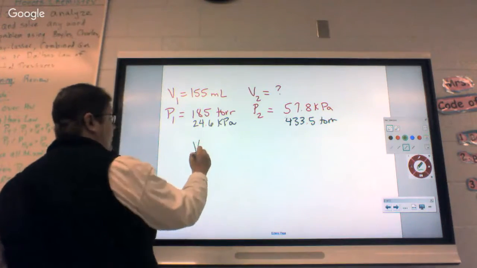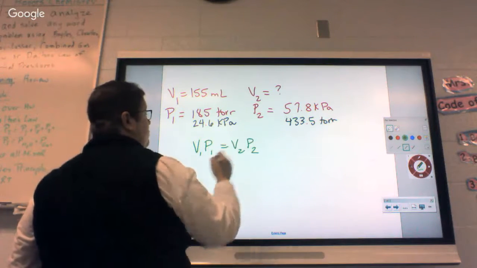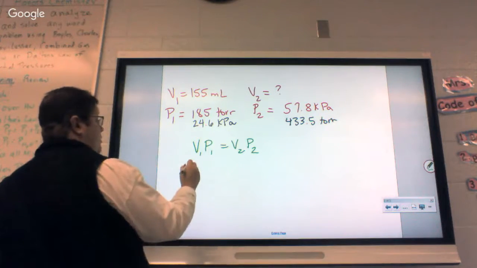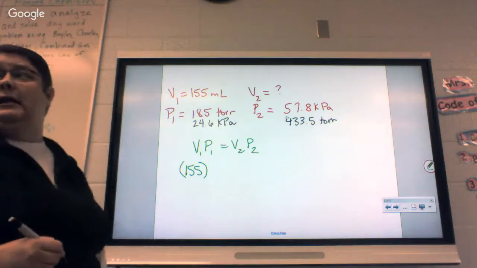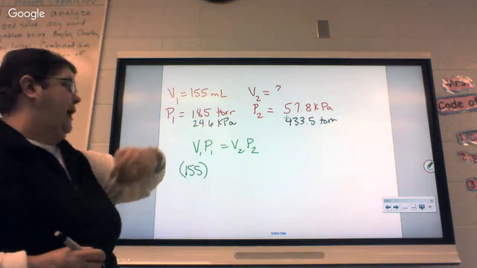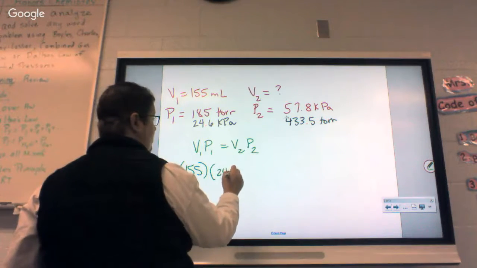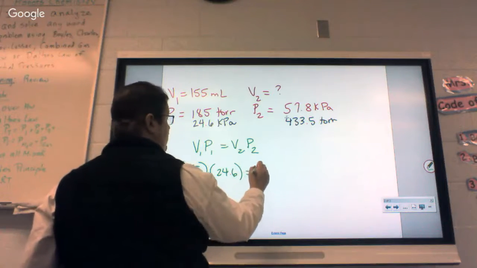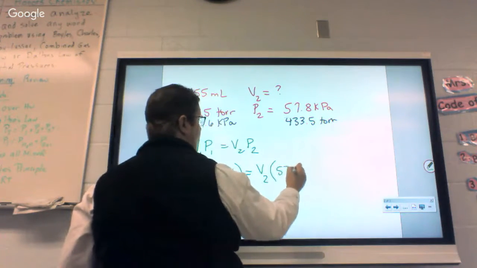So our formula is V1T1 equals V2T2. You pick what you like. So volume was 155. If you're Passion and Eiley, and you said I wanted the kPa number, then you're going to put in the 24.6 kPa equals, I'm looking for V2, and my kPa is 57.8.